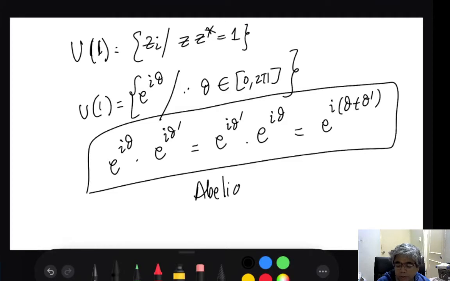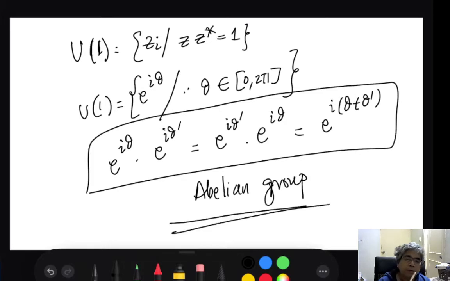That's because when you multiply the group elements with each other, they don't care about the order, whether left or right; the group elements commute with each other.